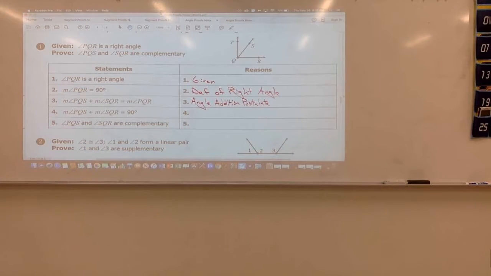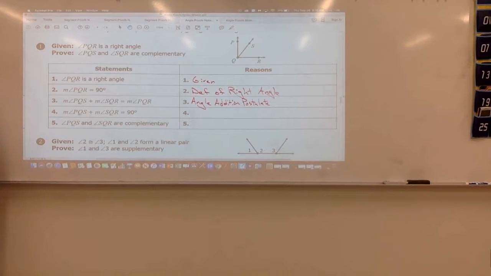Well, then they claimed that the measure of angle PQS plus the measure of angle SQR is 90. Our goal is to prove that they're complementary, so I don't know that they're complementary yet. How do you get to that? It says that PQR is a right angle. That's the only thing we know. Oh, no. It's substitution.